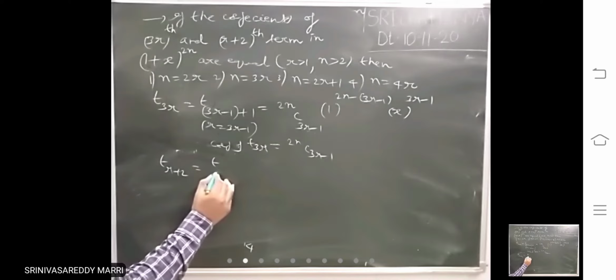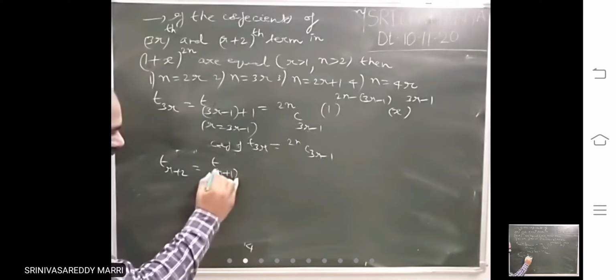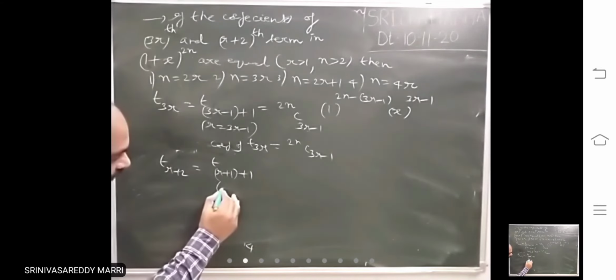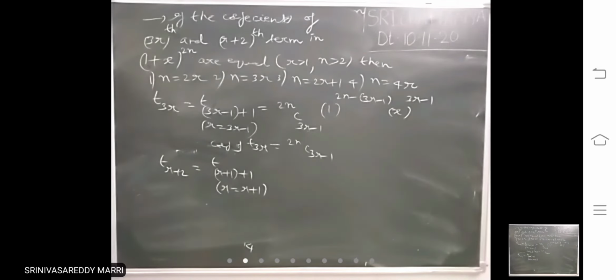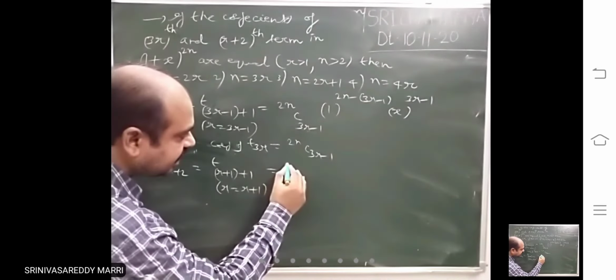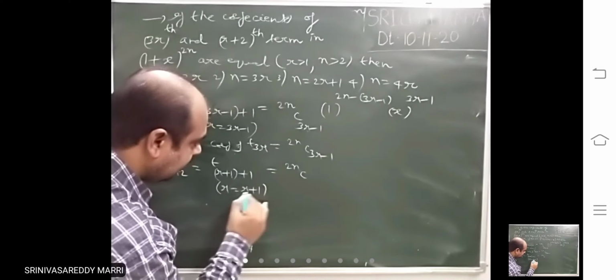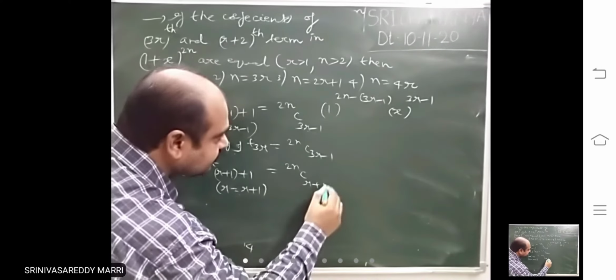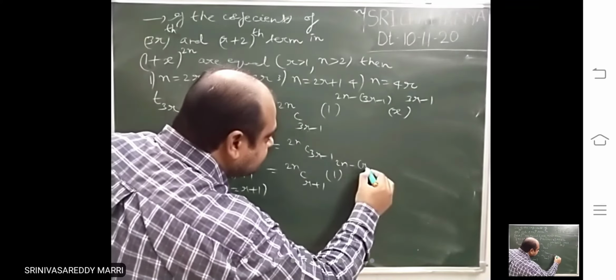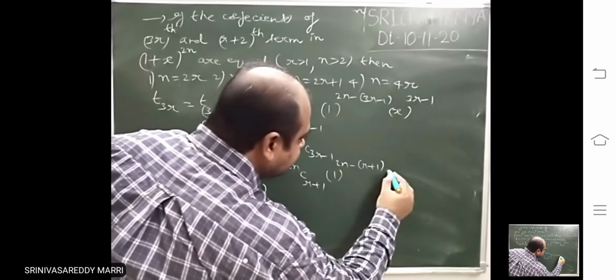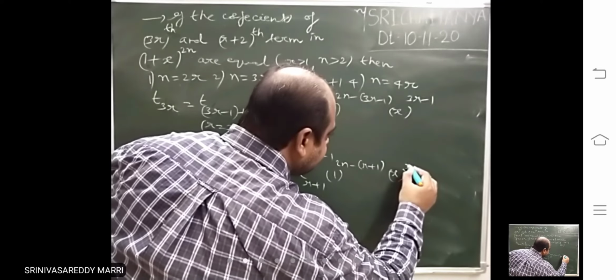Similarly, the r plus 2th term. I am writing it as Tr plus 1, where r is r plus 1 in the general term. The formula is nCr, with r as r plus 1, into first variable to the power 2n minus (r plus 1), into second variable to the power r plus 1.